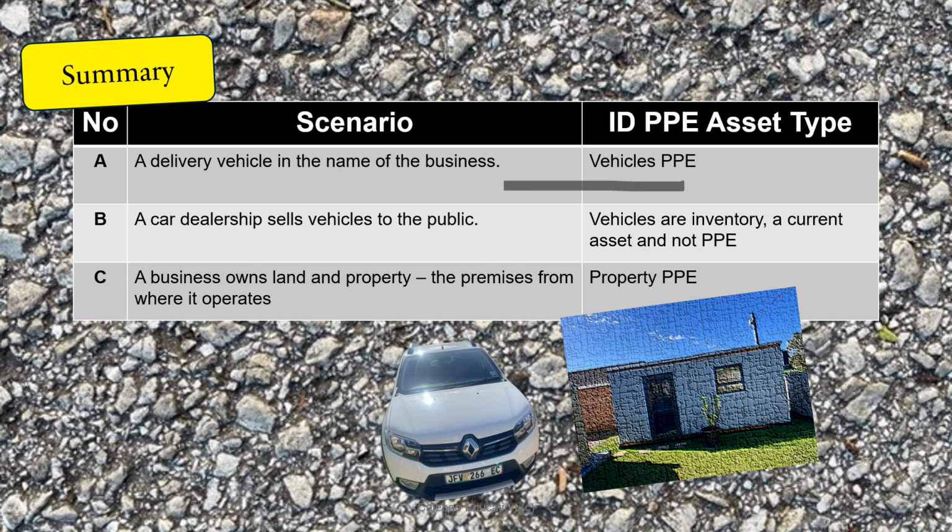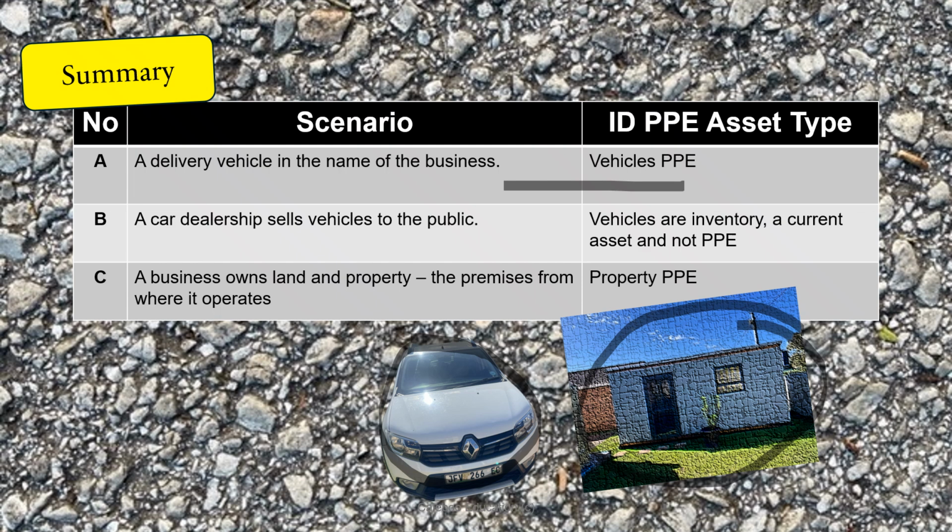And that's just a summary of what I just mentioned. There's an example of a non-current asset. Land and buildings, non-current asset. They're both property, plant, and equipment. Now, this was just an introduction to the theory of property, plant, and equipment.